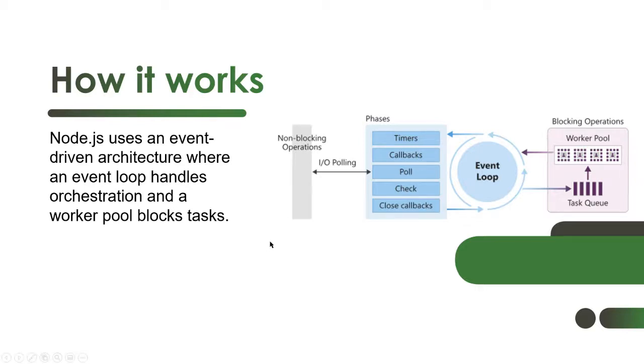Now, check allows callbacks to be run immediately after the poll phase, and lastly, we have the close callbacks. What happens when close callbacks comes is that it closes events, for example, socket.destroy, and also the callbacks. Now, Node.js uses the worker pool to handle blocking tasks.